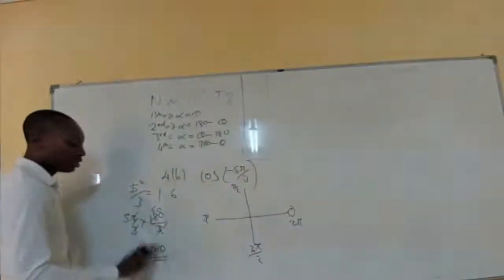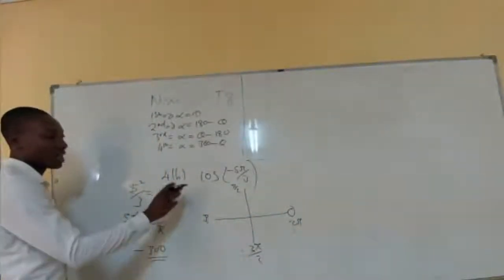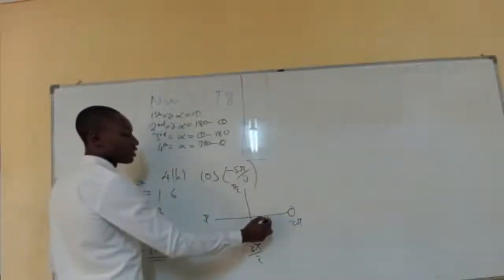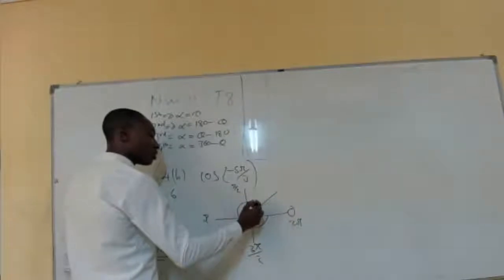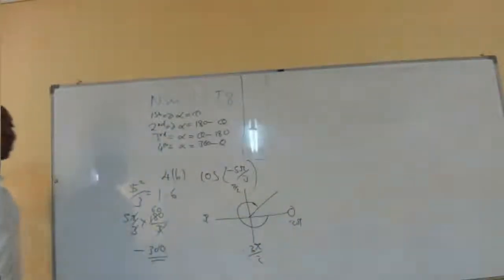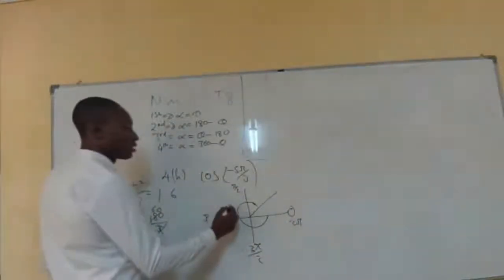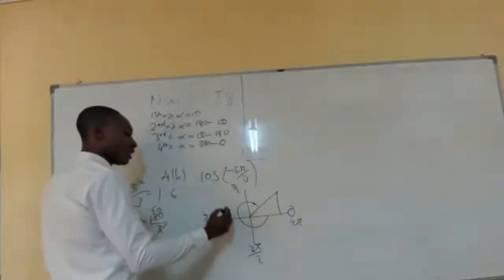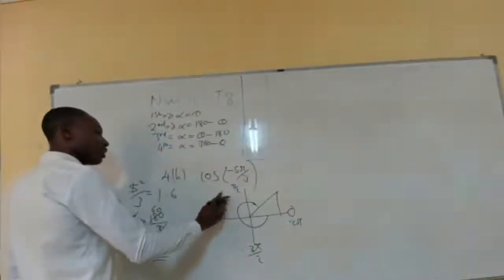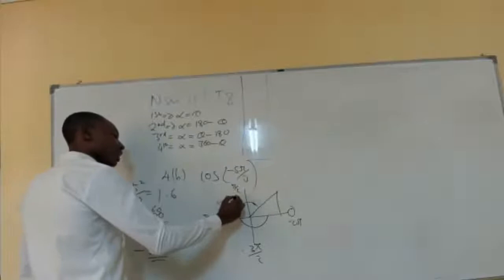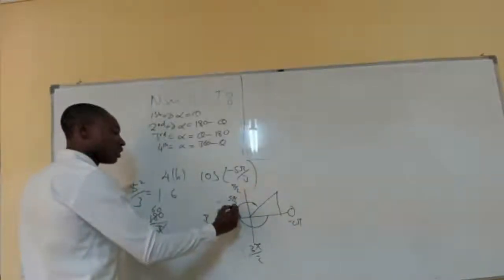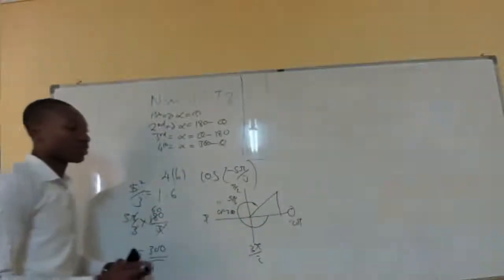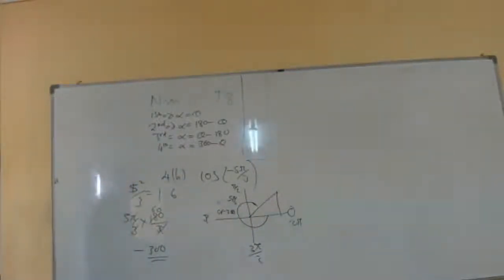But since we are dealing with a negative, we're moving in the opposite direction. So this is what you are calling negative 5 pi over 3, or negative 300 degrees.